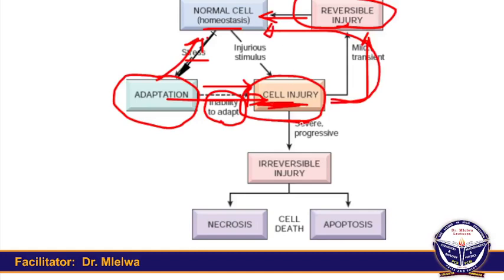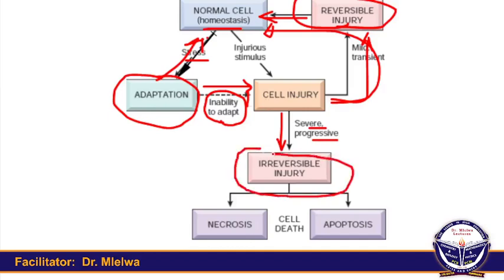Now, if the stress that led the cell to injury increases and becomes persistent, what will happen? The cell will undergo severe and progressive injury. You see? If the stress is severe, progressive, or persistent for a long time, in other words, severe means the intensity of the stress, but progressive means the time the stress has been present. If it is progressive or persistent, what will occur is irreversible injury.